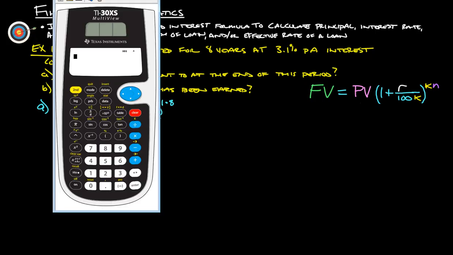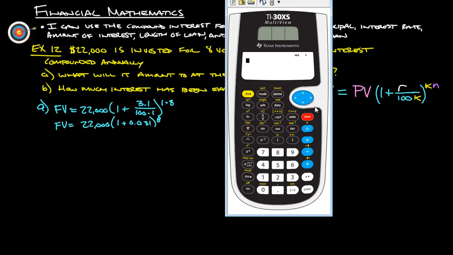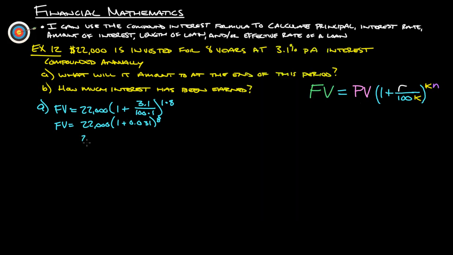So we can just put that right into our calculator. 22,000 times 1.031 to the 8th power, so for 8 years. So it's going to end up being worth $28,086.14. Right, so that is the future value.